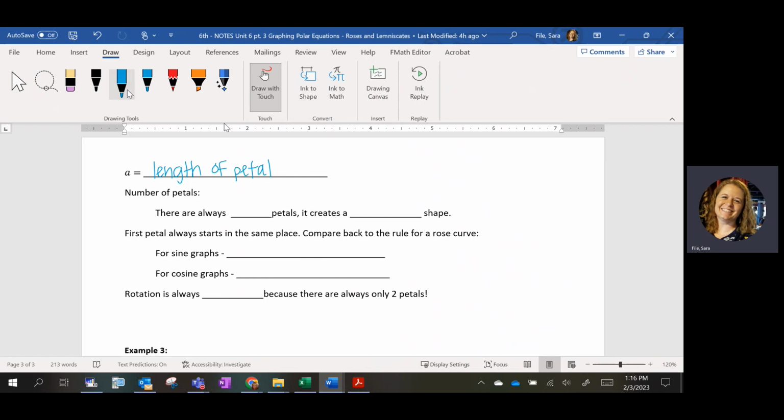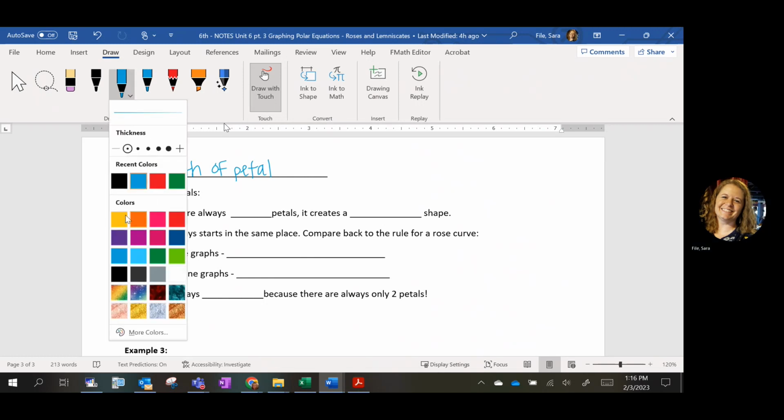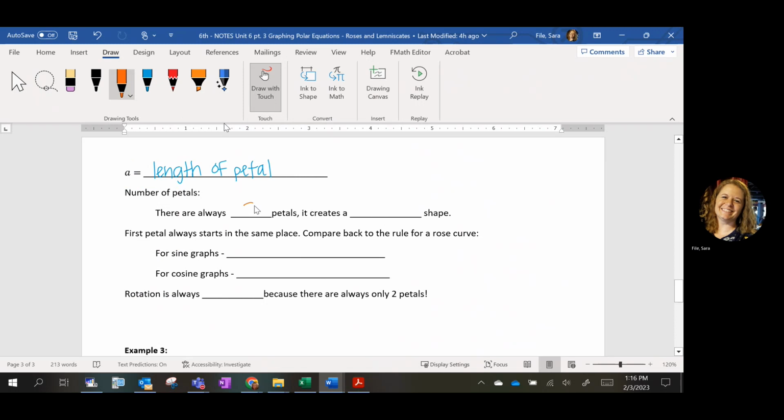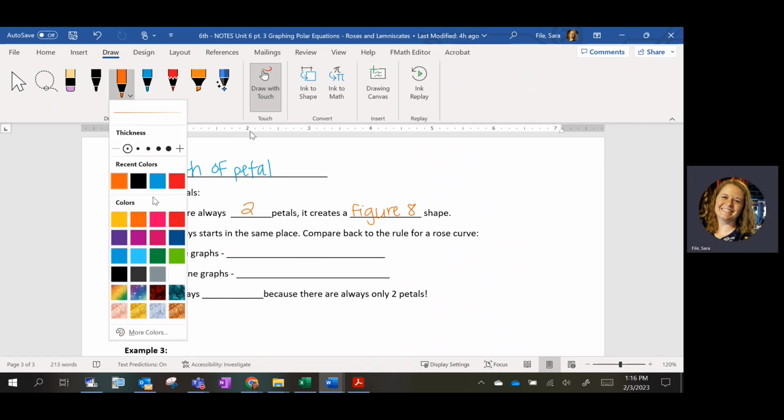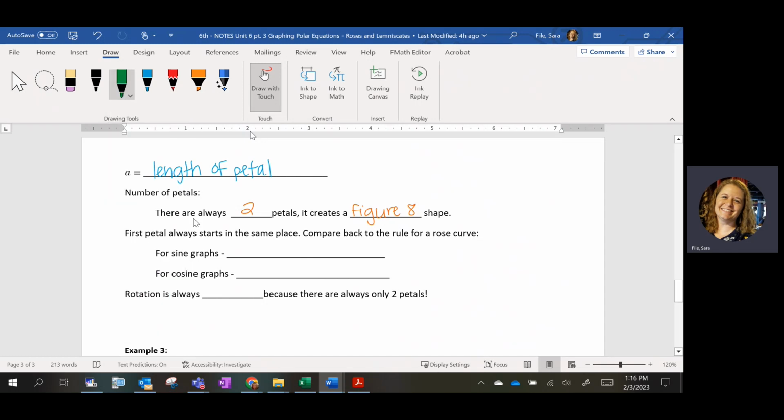However, because there are always 2 petals, the shape is always the same. If it's just 2 petals across from each other, what would you call that shape? It looks like an infinity or a figure 8. Okay, so it's a figure 8 shape. The a is the length of the petal. Now the sine and the cosine still determine the angle that it's drawn at.